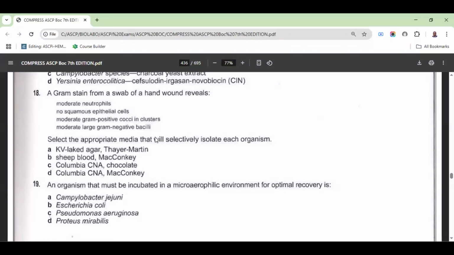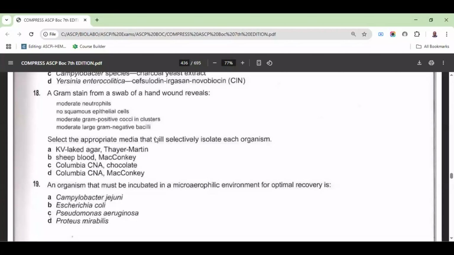No squamous epithelial cells means the sample was collected properly. Gram-positive cocci in clusters means you may suspect Staphylococcus species. The large gram-negative bacilli are not specific here, maybe Escherichia, whatever you say.